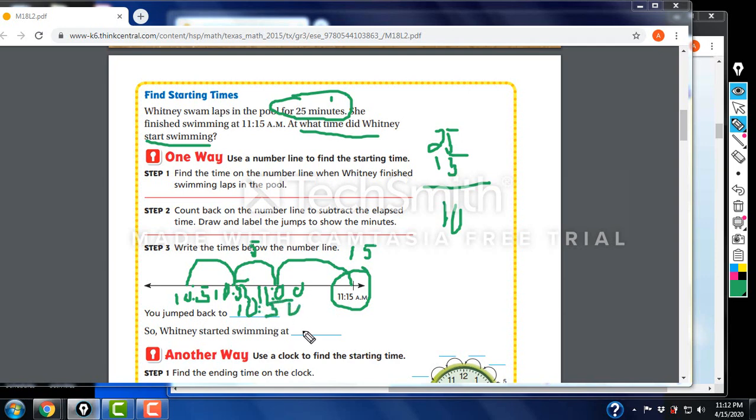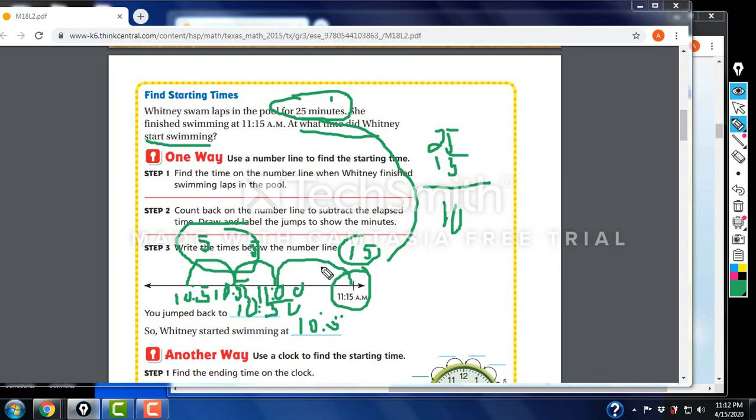So she started swimming at 10:50. Does that make sense? And if we add these, 10 plus 15 gives you 25. So the key is starting from 11:15 and then going back 15 to get to 11 o'clock.